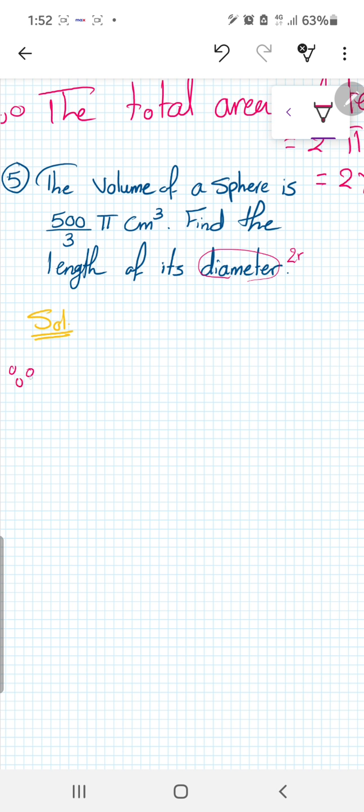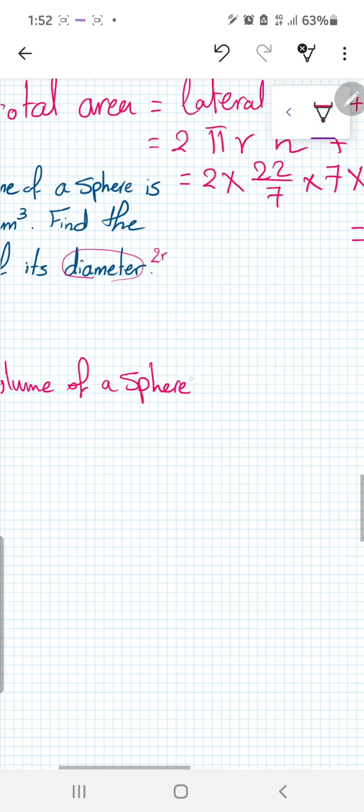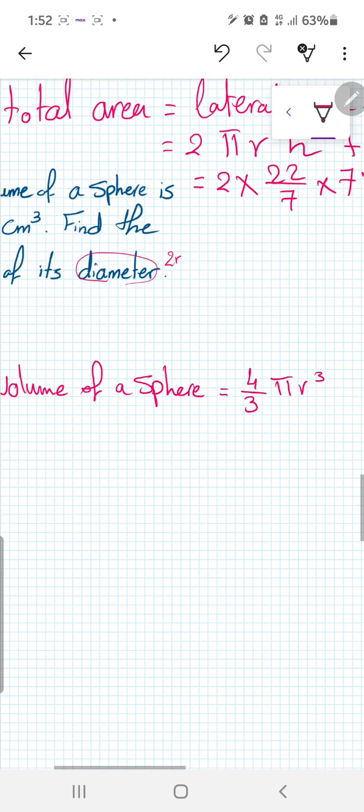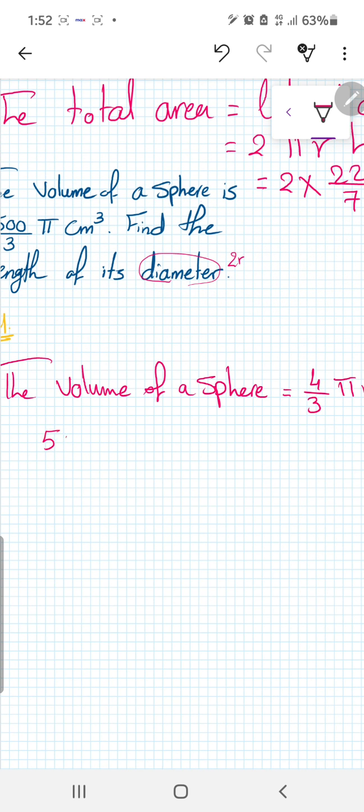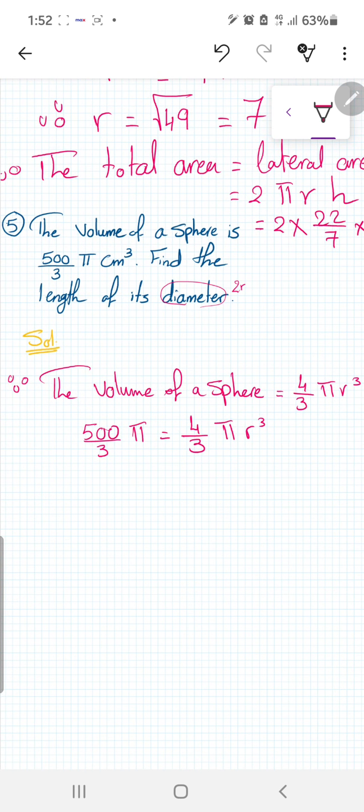Since the volume of a sphere equals 4/3 πr cubed. By substitution, so 500/3 π equals 4/3 πr cubed. Okay, divide by π, so cancel π with π.